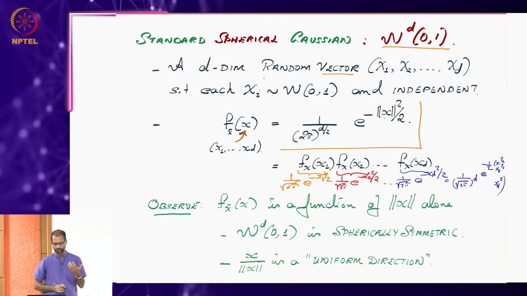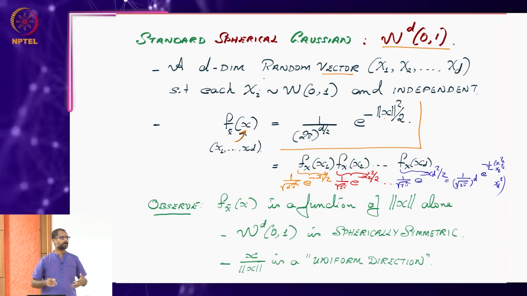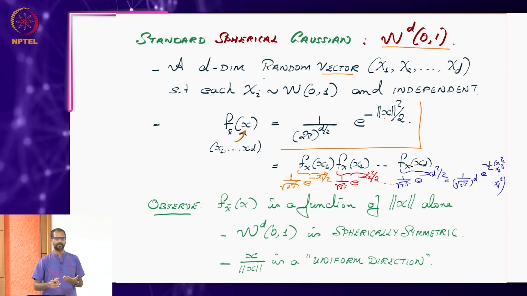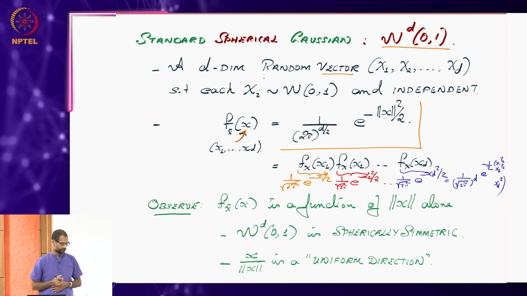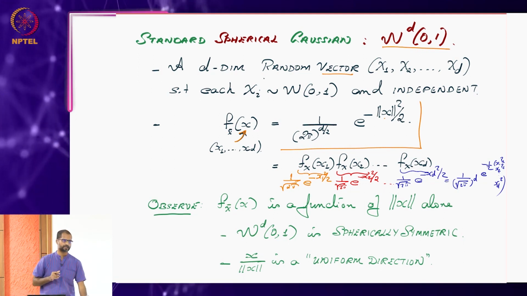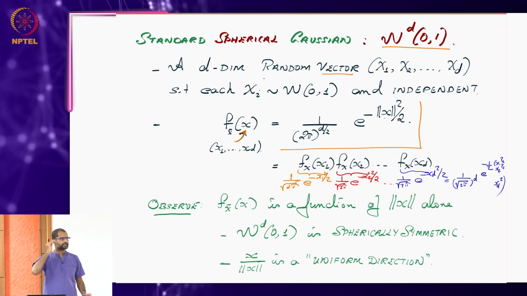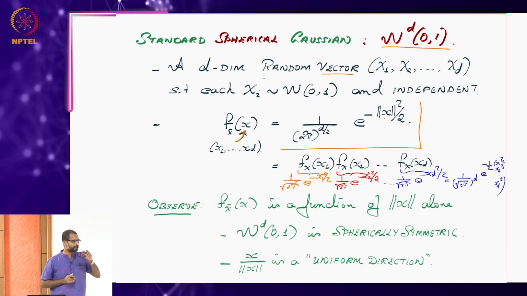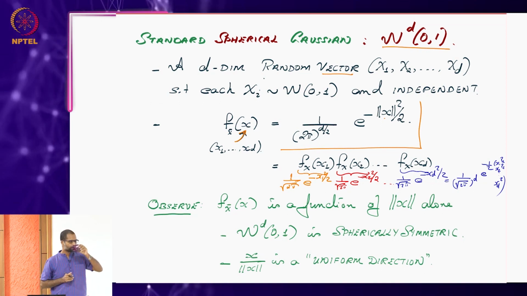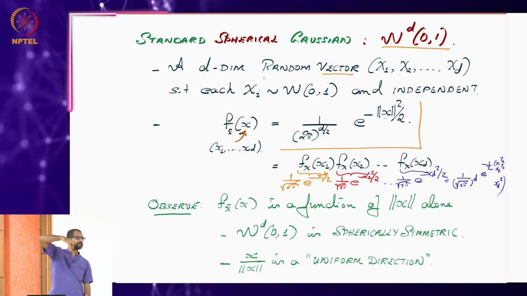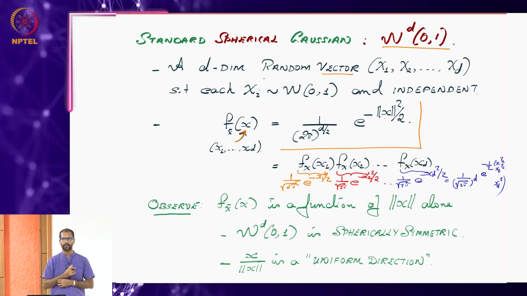It should have been more elaborately called a spherically symmetric Gaussian, but since that is a very long phrase, people call it a spherical Gaussian. So, at least the 2-dimensional spherical Gaussian, do you have it in mind? It is a very circularly symmetric bell, like a church bell you can imagine.